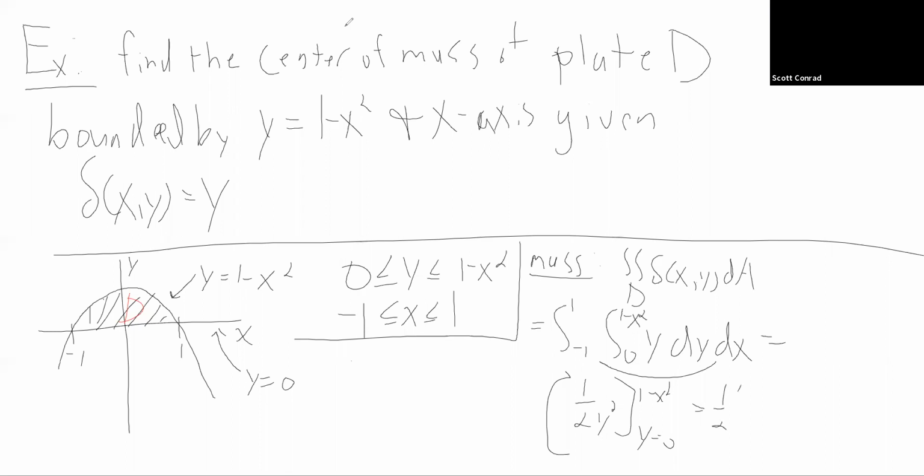So we get 1/2 times (1 minus x squared) squared, which is just going to be 1/2 minus x squared plus 1/2 x to the 4.